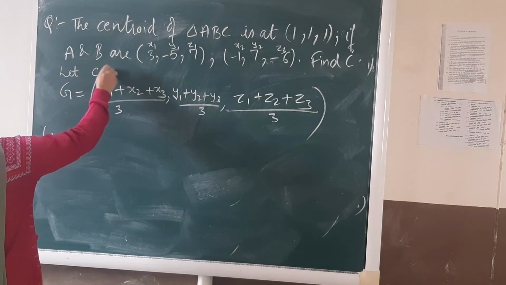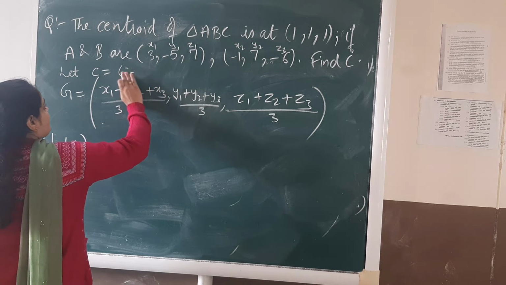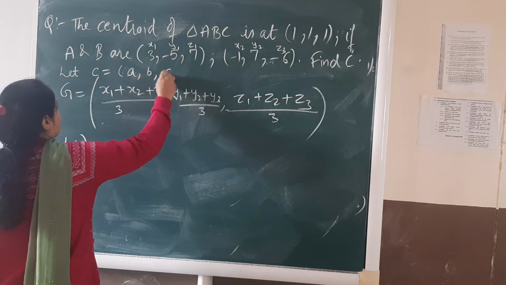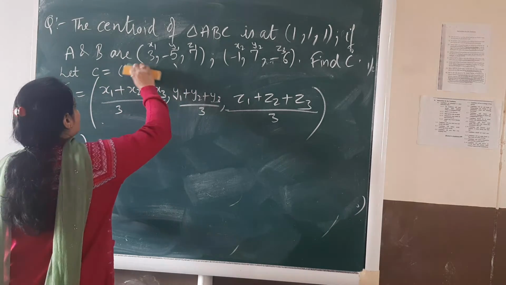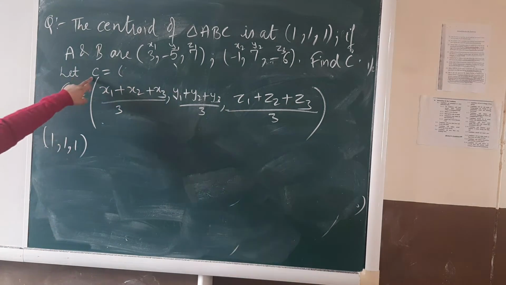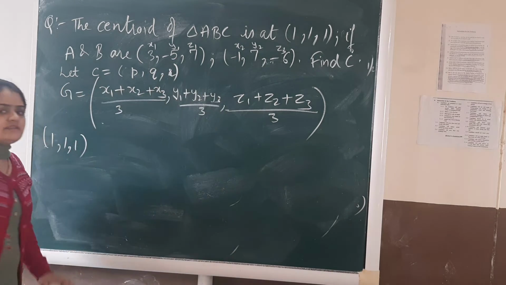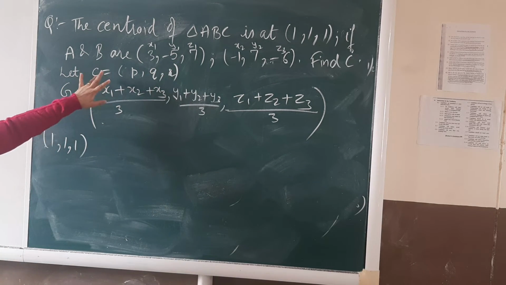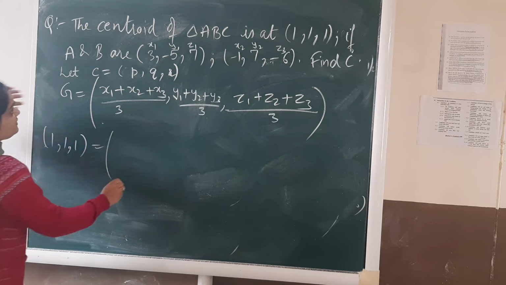So let's take C's coordinates as small p, q, r. You can use any other alphabet because we have already used capital C here. It's quite easy to represent C as small pqr. Now, what is x1?